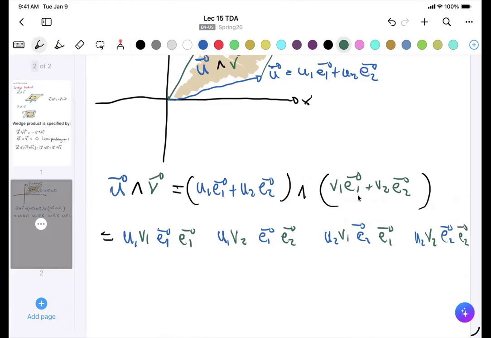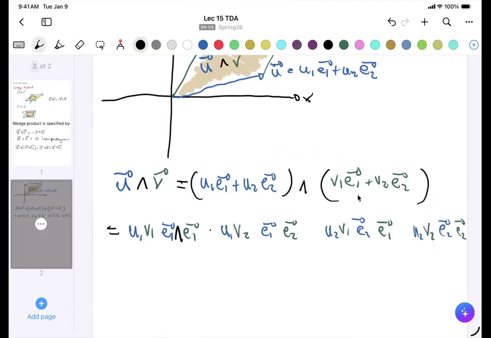Okay, so what's happening here? If you distribute, this should be this thing wedge this thing. So it's U1 V1 times E1 wedge E1, okay?